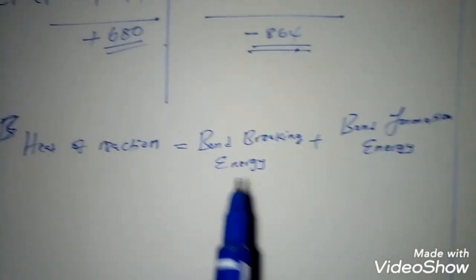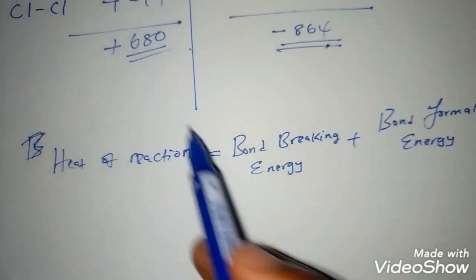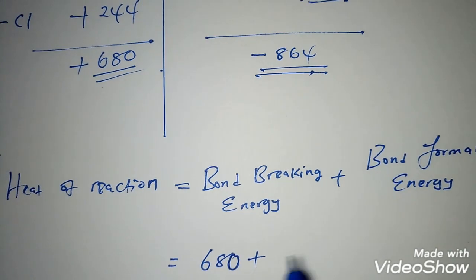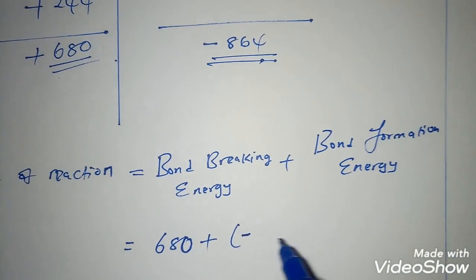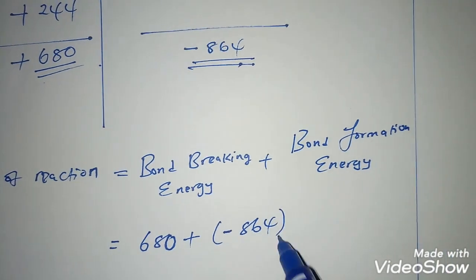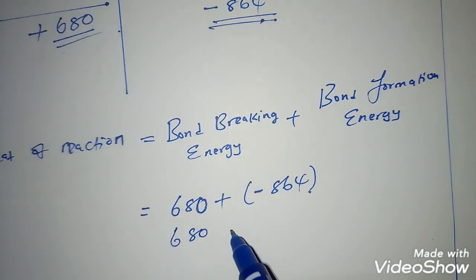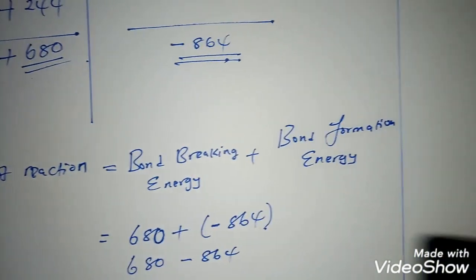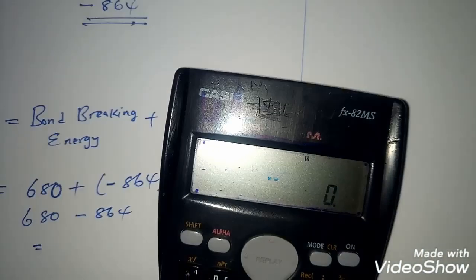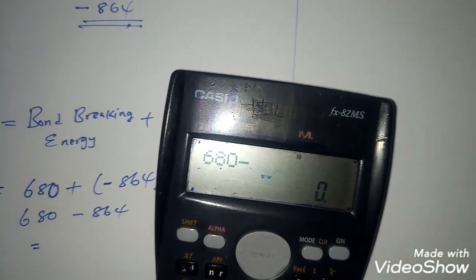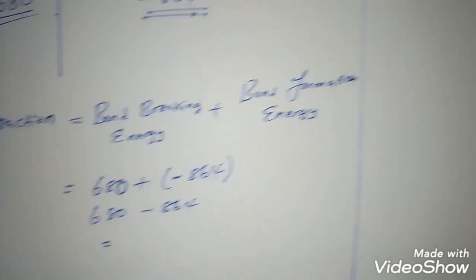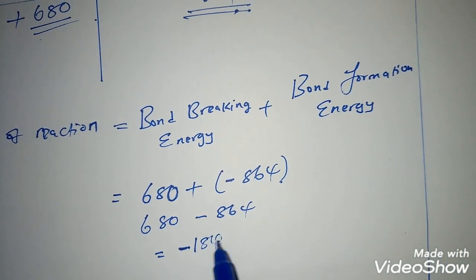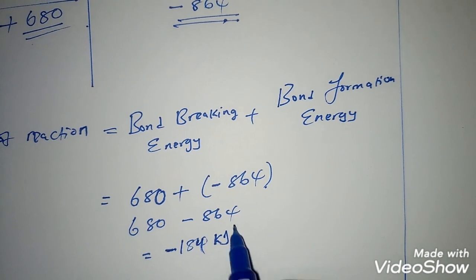Therefore, it is equal to bond breaking energy, positive 680, plus bond formation energy, negative 864. So that is 680 minus 864. That gives you an overall negative energy of 184 kilojoules per mole.